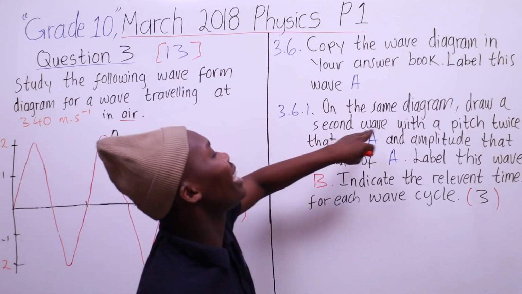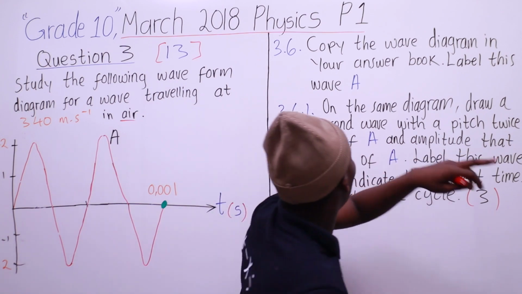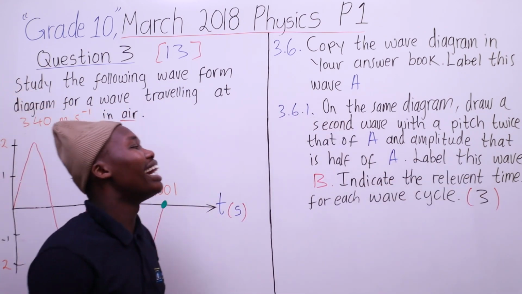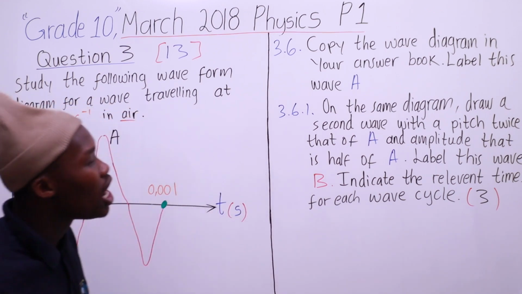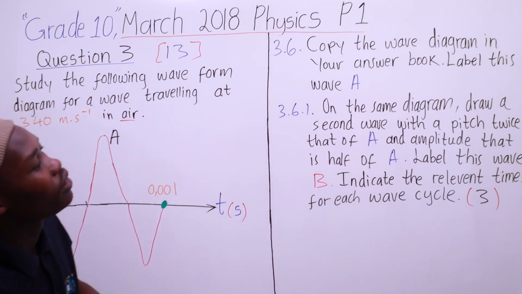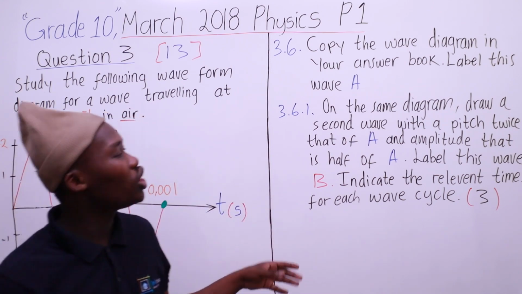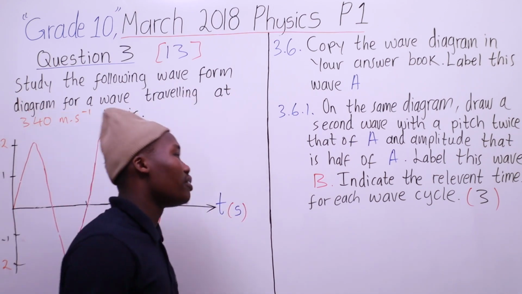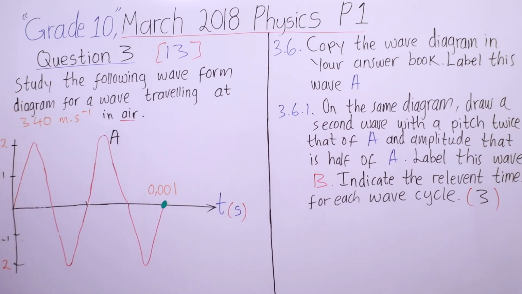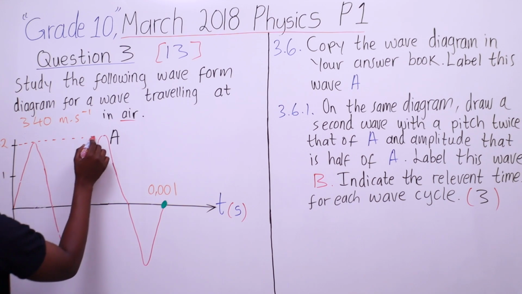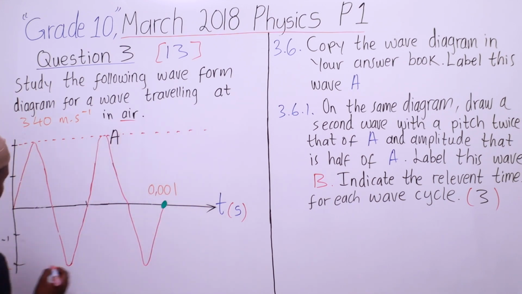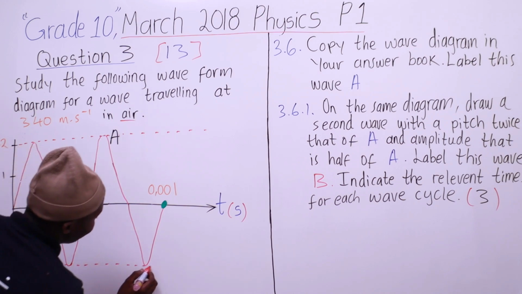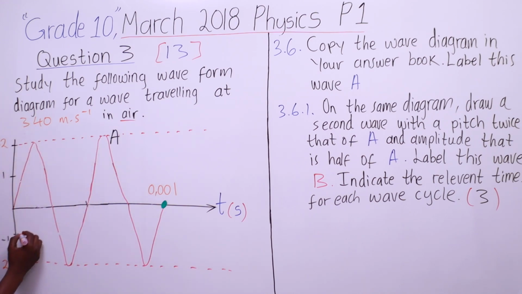Draw a second wave with a pitch twice that of A and amplitude that is half of A. Draw a second wave with a pitch which is twice as that of A, which would say the frequency is twice that of A, and an amplitude that is half of A. Okay, so amplitude here is 2 meters, obviously half is 1, which means le njengoba kade ijika la ku2, manje sizojika la ku1.